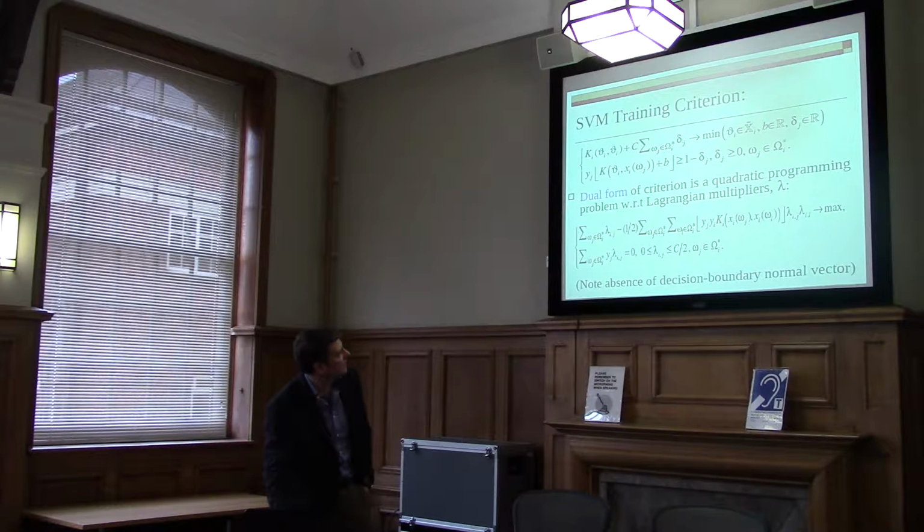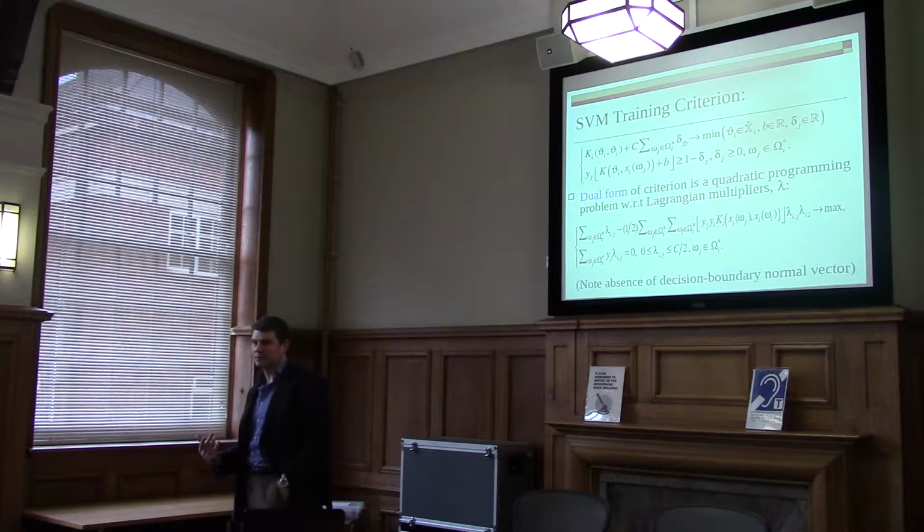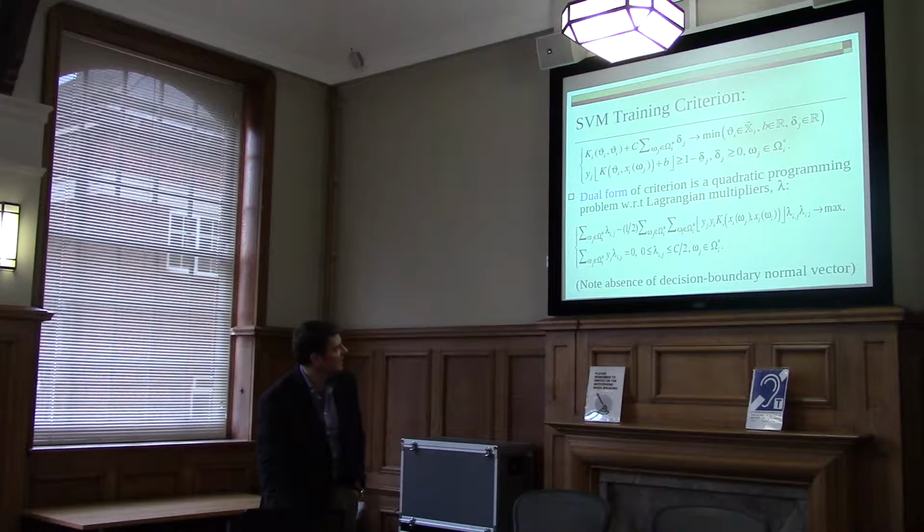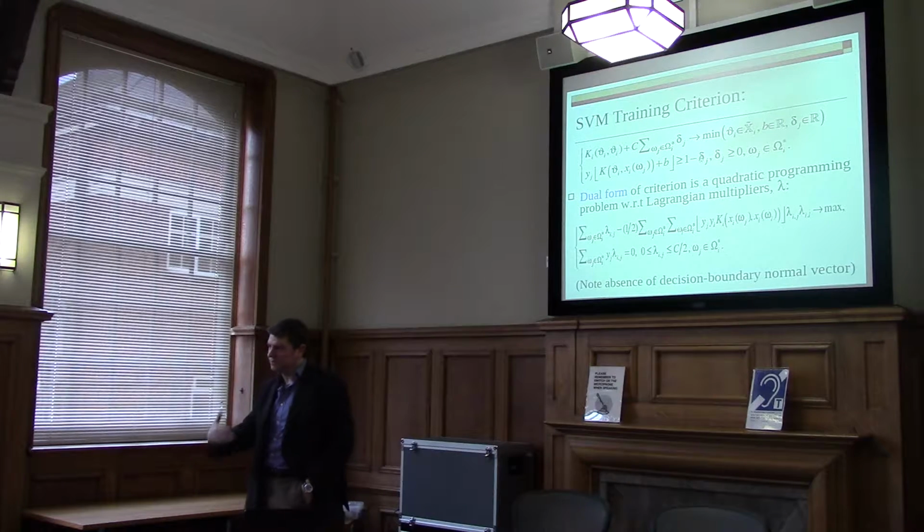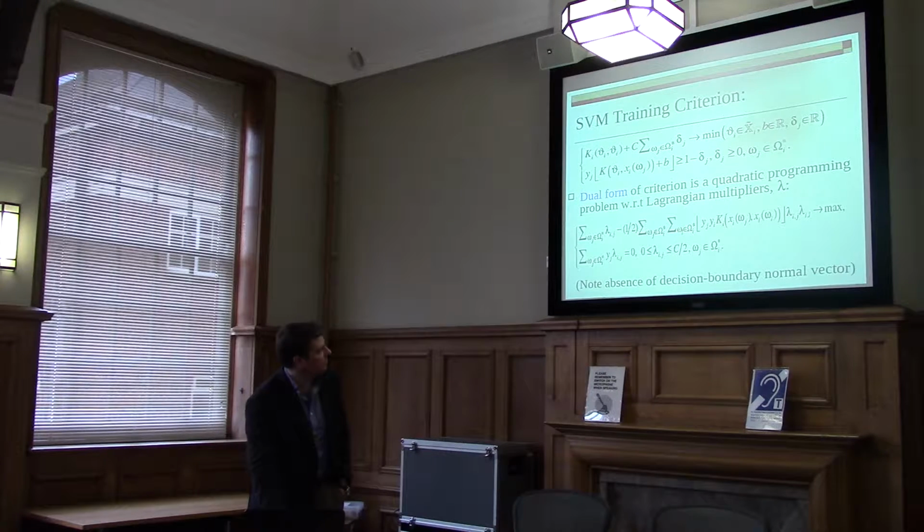The deltas here are basically slack variables. Because if a problem is not linearly separable, you have to allow a little bit of relaxation of this condition that you get all of the classifications right.